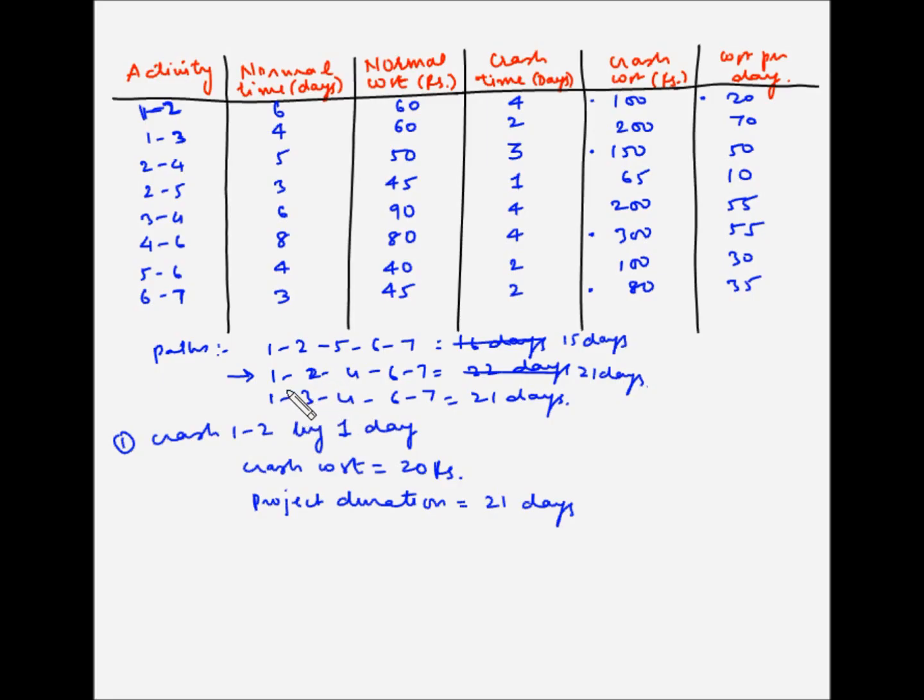Is because 1 3 and 3 4 are not common activities between these two paths. If we take a combination of 1 2 and 4 6, then 4 6 is also present in the path 1 2 4 6 7.